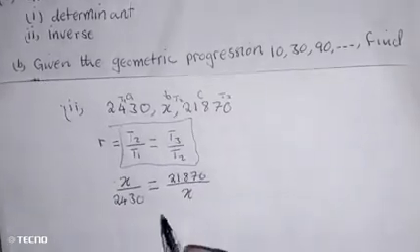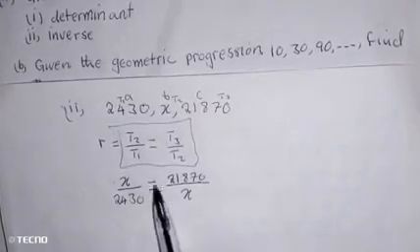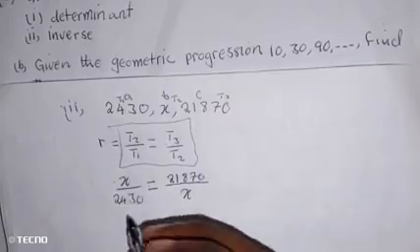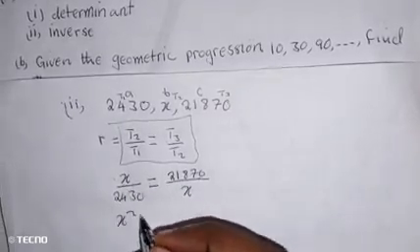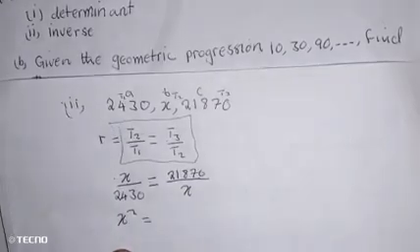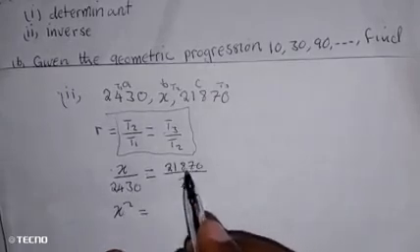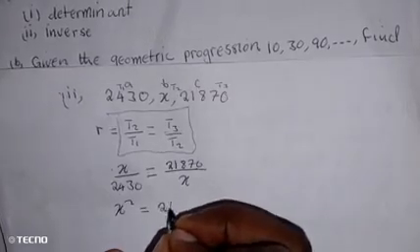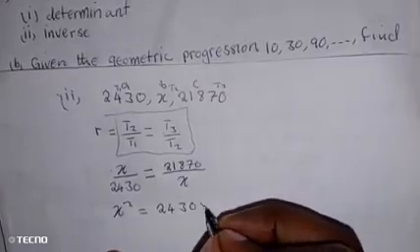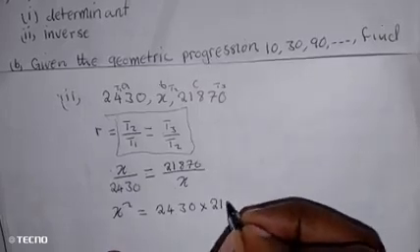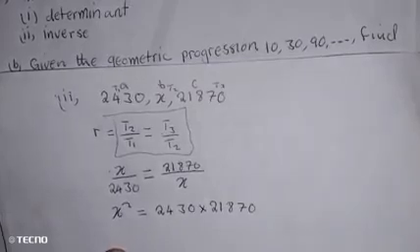Okay, this is what we have. So we multiply this times this and this times this. This and this give us x squared, which is equal to 2430 times 21,870.